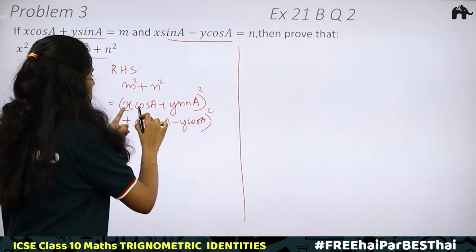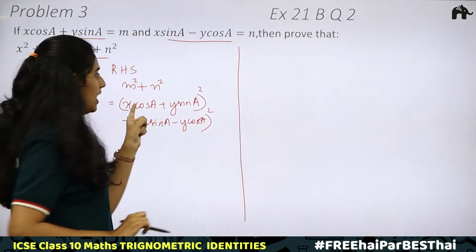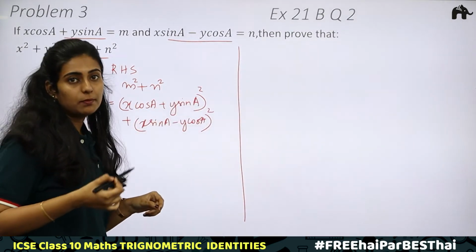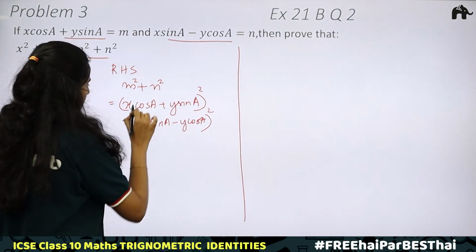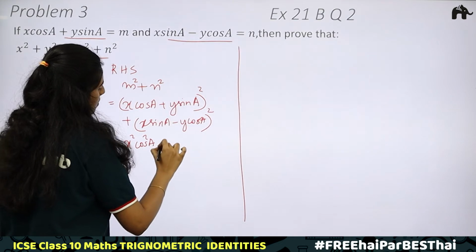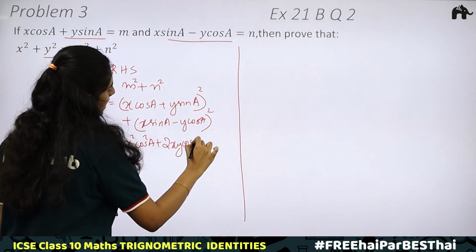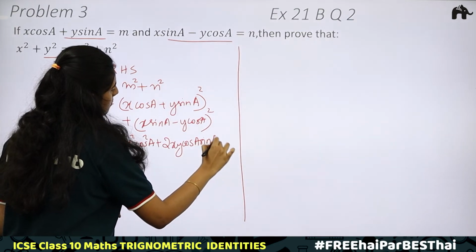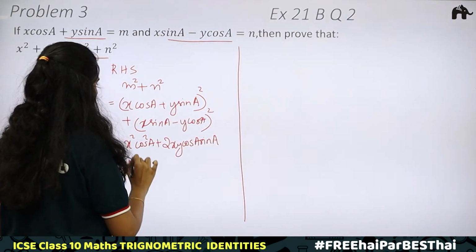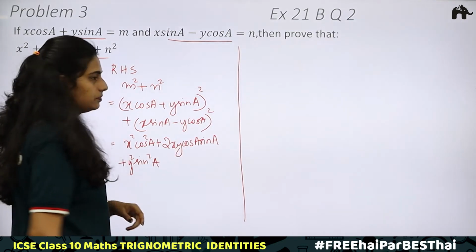Now this is of the form (a + b) whole square, and this is (a - b) whole square. (a + b) whole square is equal to a square + 2ab + b square, equal to x square cos square a + 2xy cos a sin a + y square sin square a.